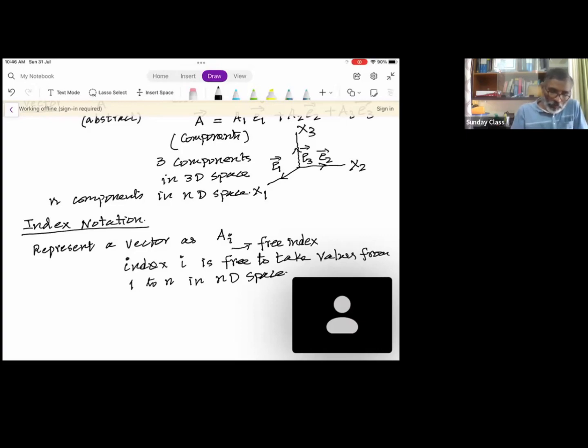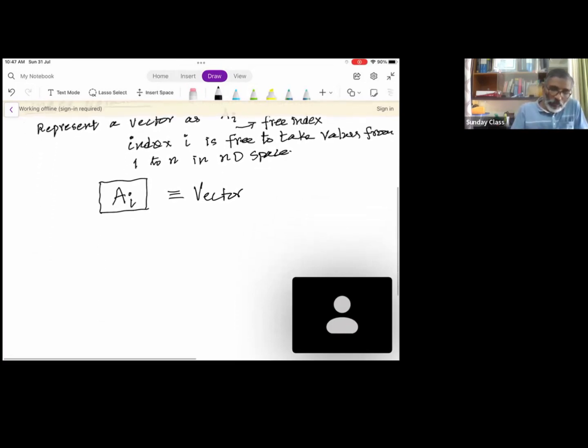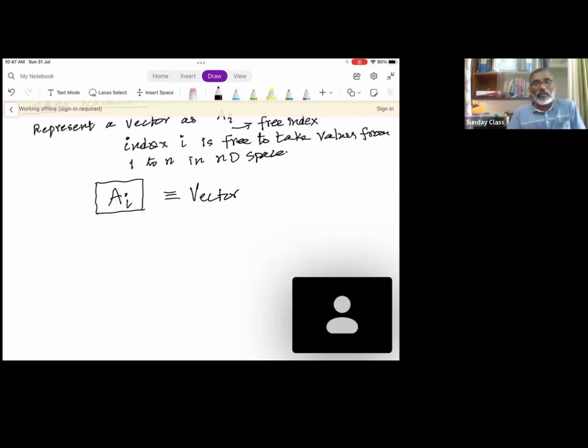So when somebody says that I have A_i, this represents what is called a vector. You have one free index. That means it is free to take values, so one free index represents n values, and that is why it is called a vector.